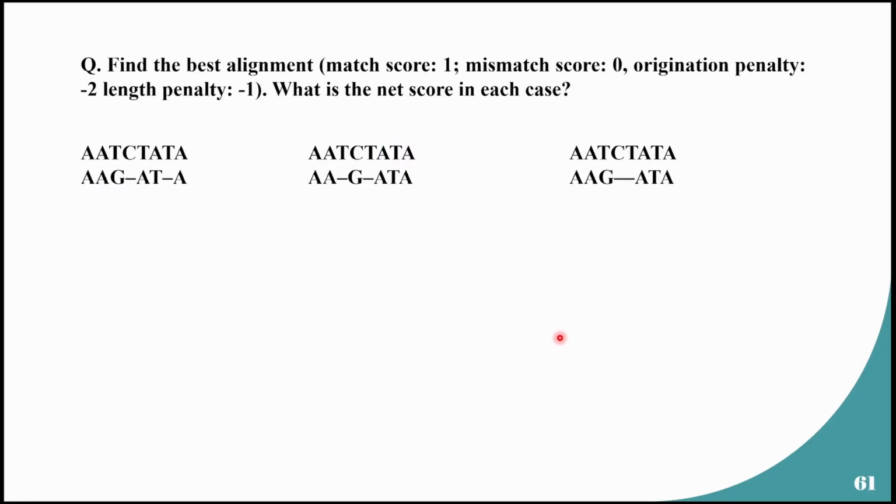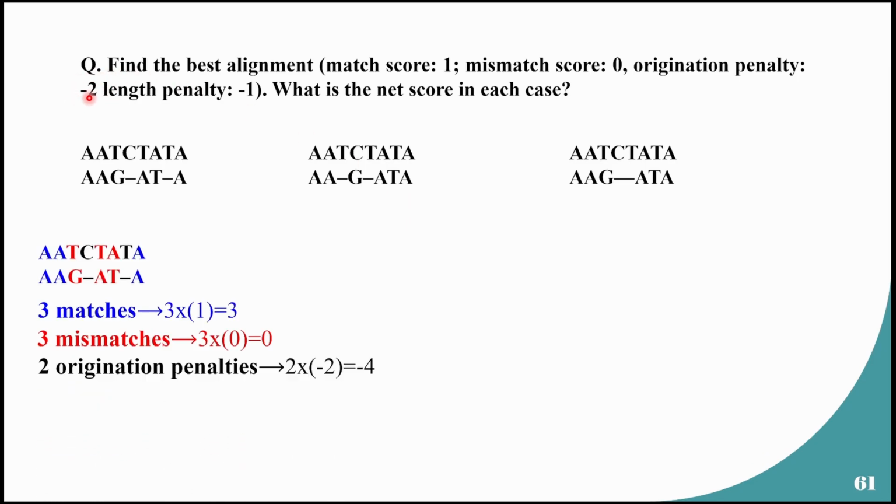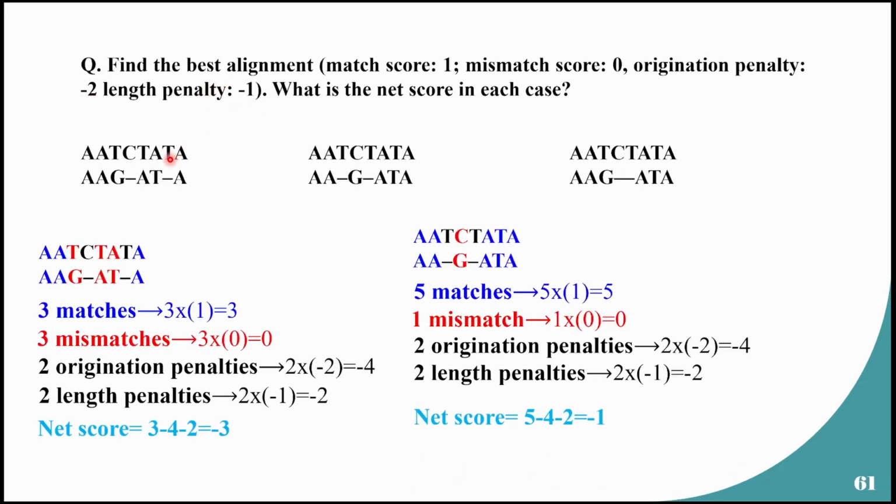And sometimes it can happen that instead of one gap penalty, you can be given two gap penalties, which are origination and length penalties. Now, the length penalty is self-explanatory because however many gaps you have, that will be the number of length penalties that you need to give. The origination penalty is for each new origin point for a gap.